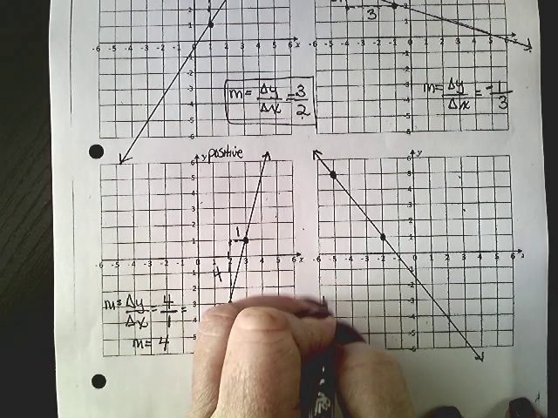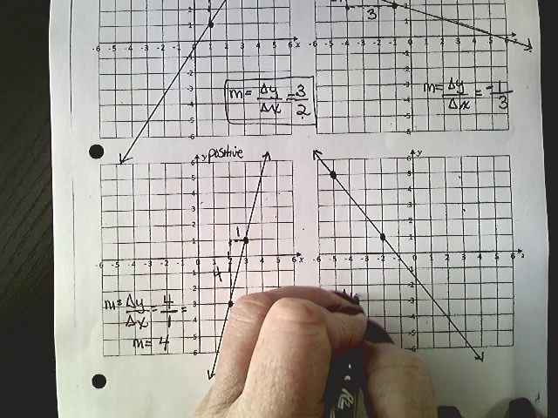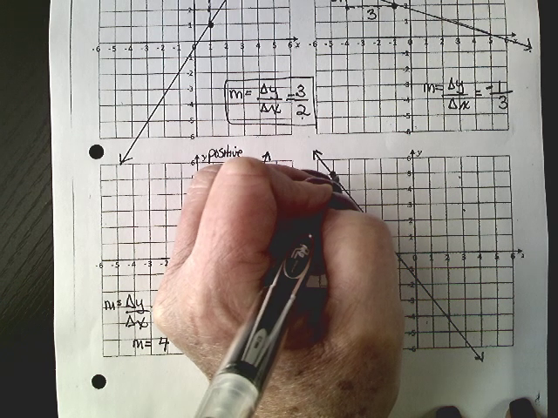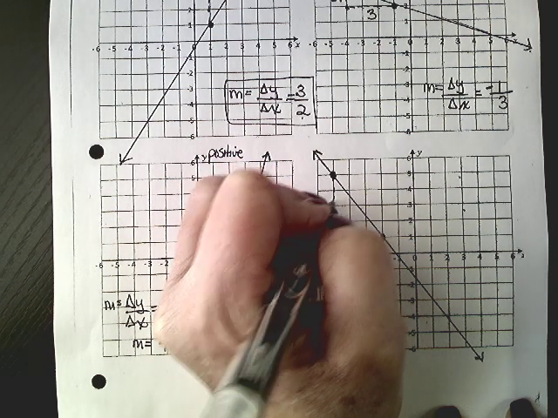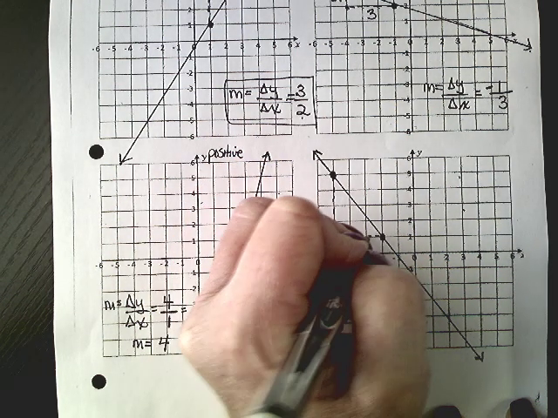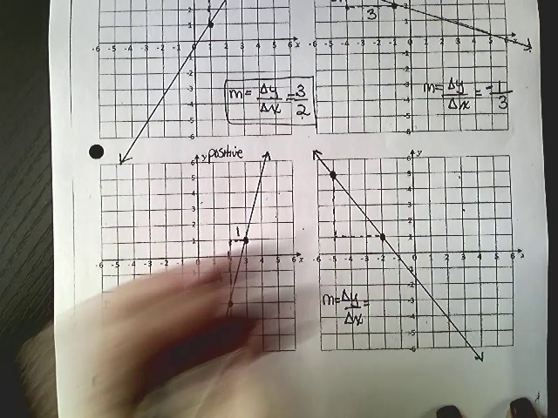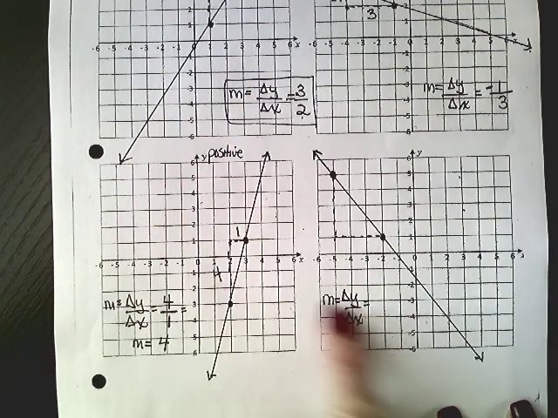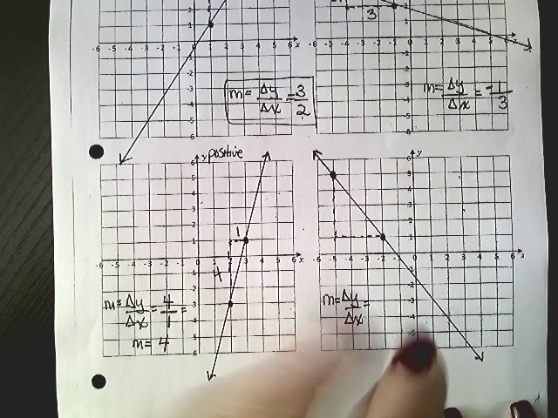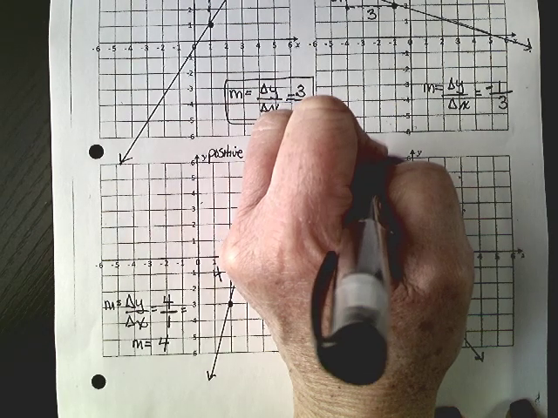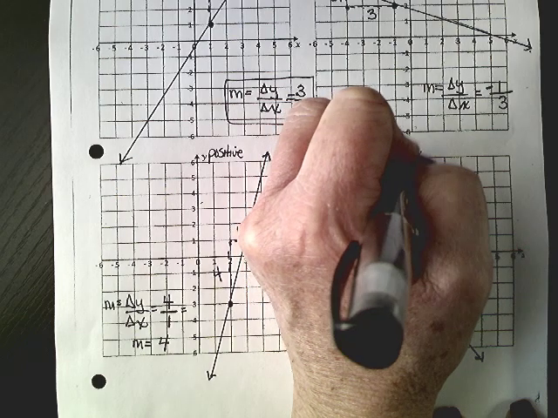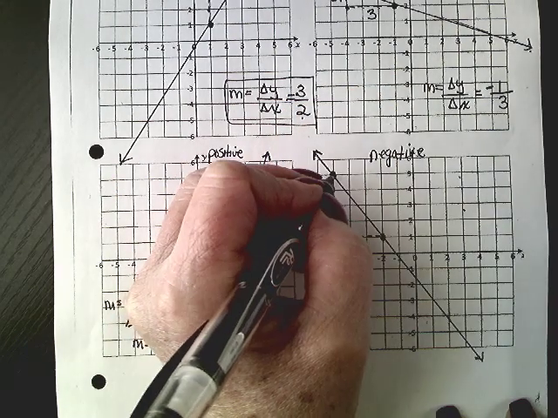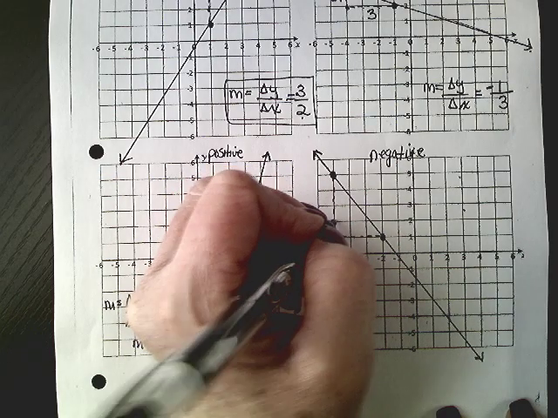Okay, last one. M equals the change in y over the change in x. Connect the points. Now if you notice that that line starts high on the left side of your graph, but by the time you get over to the right side of the graph, the line has fallen down. So this is going to be a negative slope. So count by jumping, 1, 2, 3, 4.